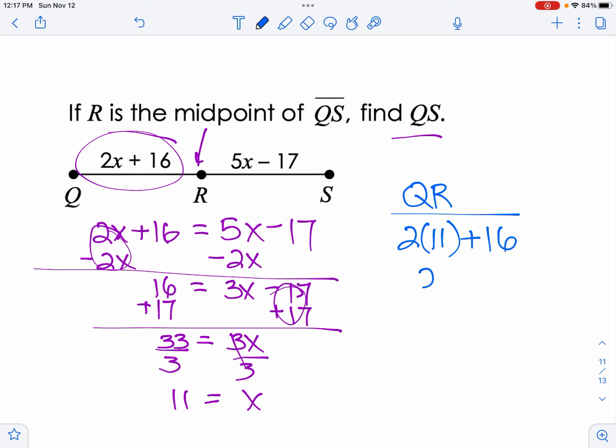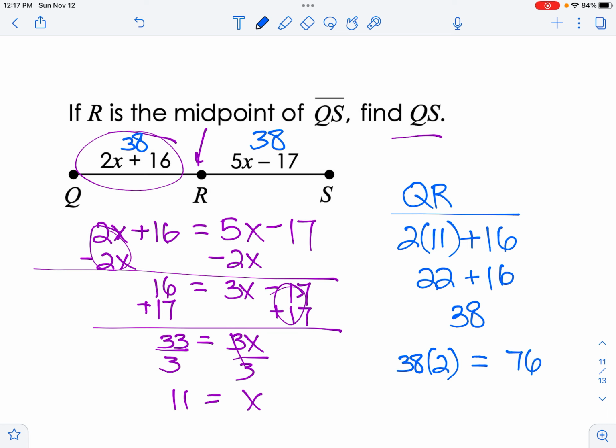Okay, so that's 22 plus 16, which is 38. Well, that's just here. So this segment right here is 38, which means this one is also 38, right? So 38 times 2, or 38 plus 38, however you want to think about it, is 76. So that means QS is 76.